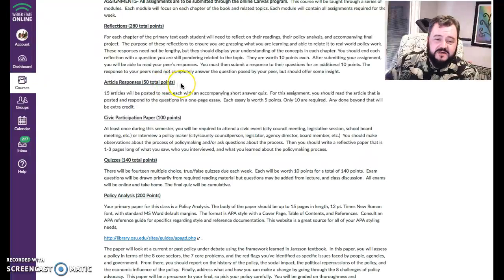Your article responses, this is something I would recommend only doing if you are really seriously interested in a particular topic, with a couple of exceptions. I would recommend that you do Article 2. Absolutely do that one because that's an interesting one about how we deal with biases in politics, which you're going to find is a huge issue in social work and in policy in general. The other is Article 7.